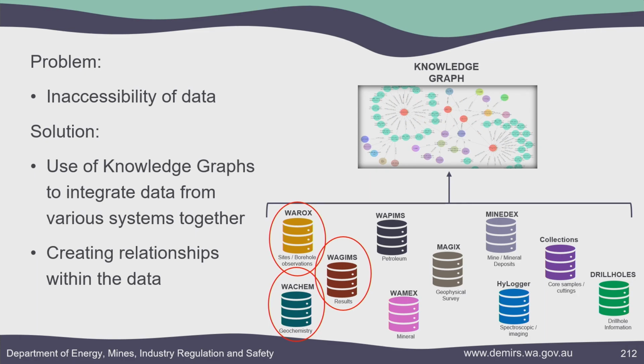Worix holds our site information. WAGMS holds our results information, and WAChem holds our geochemical information. I'll show you briefly how we're bringing that data together using a knowledge graph.